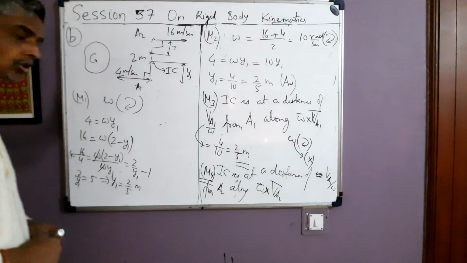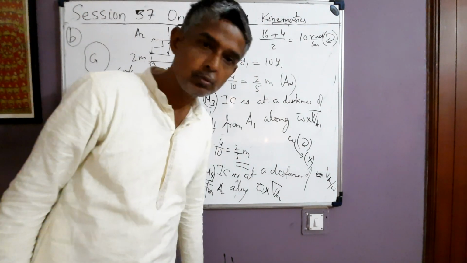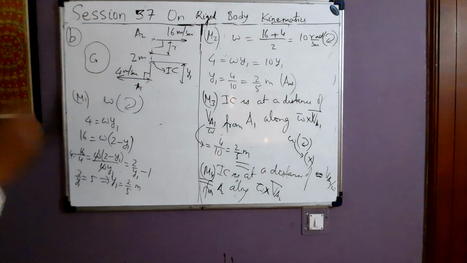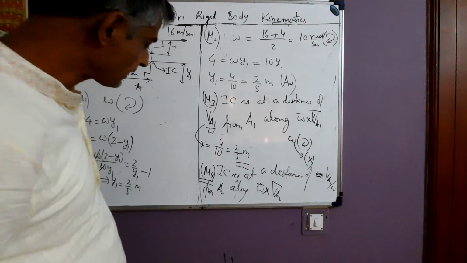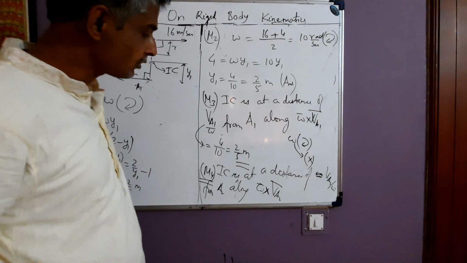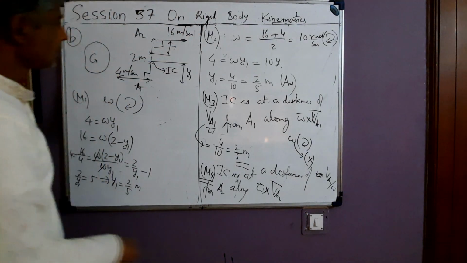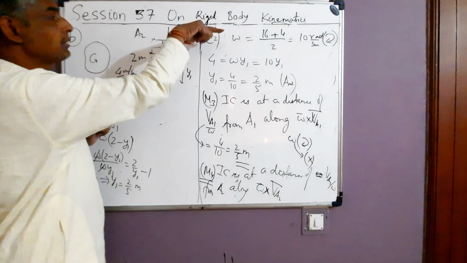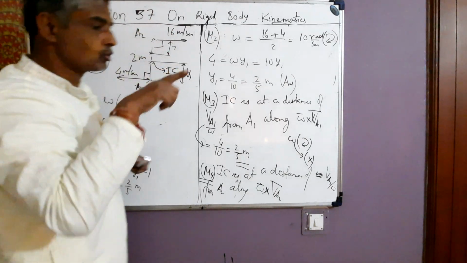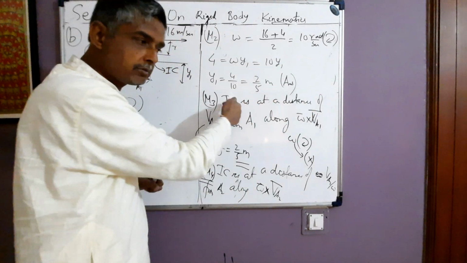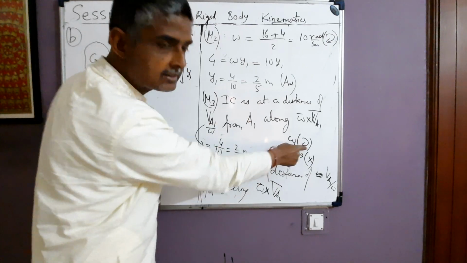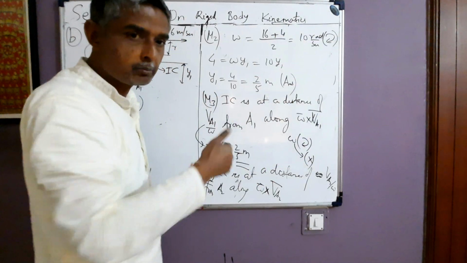Now VA2 is rightward, and omega is inward, because the sense of omega is clockwise, so omega is into the plane of the board.